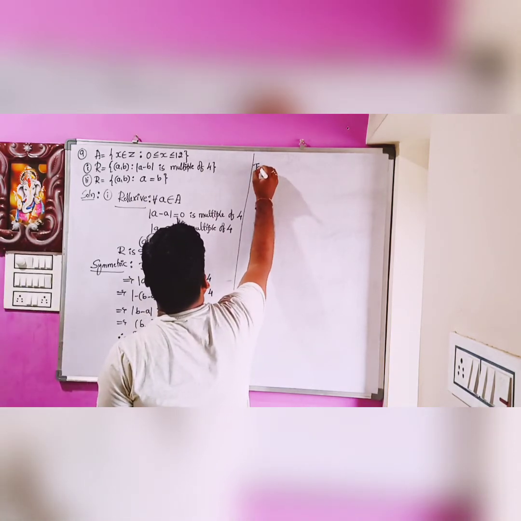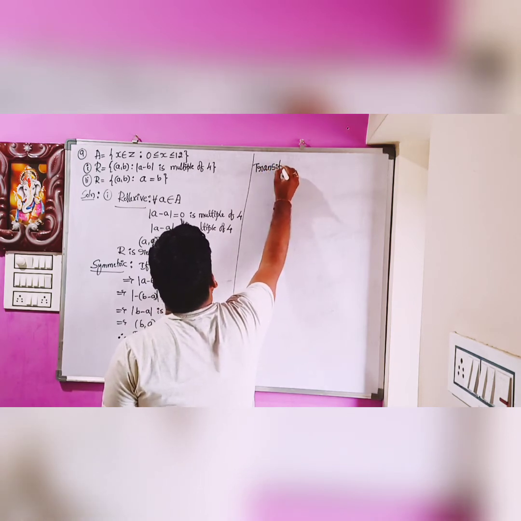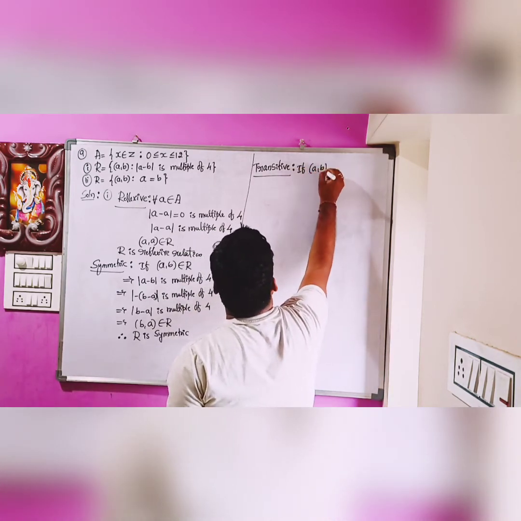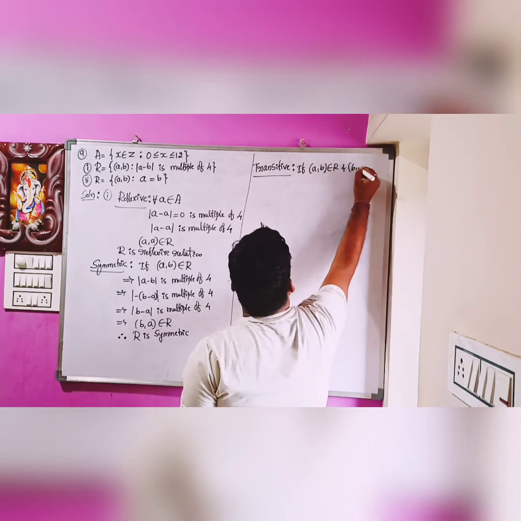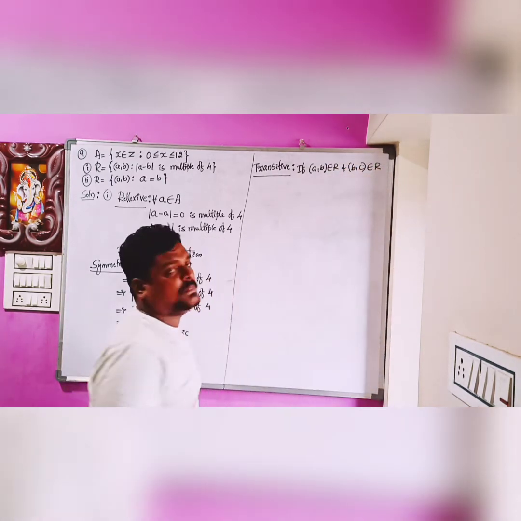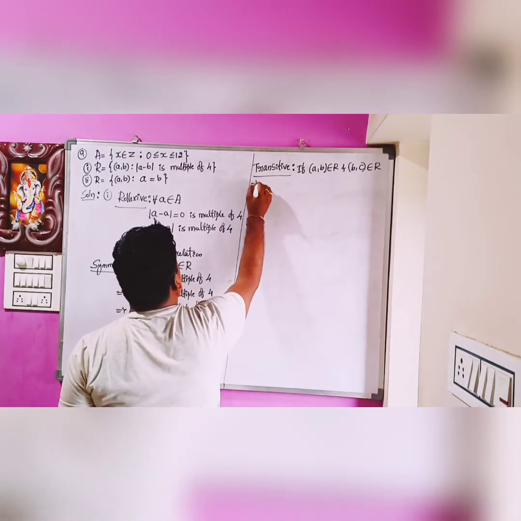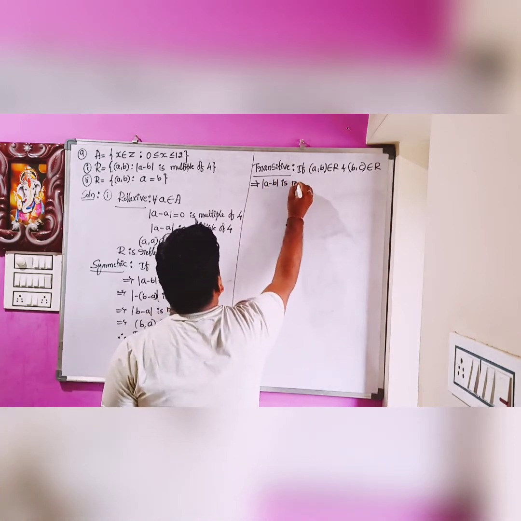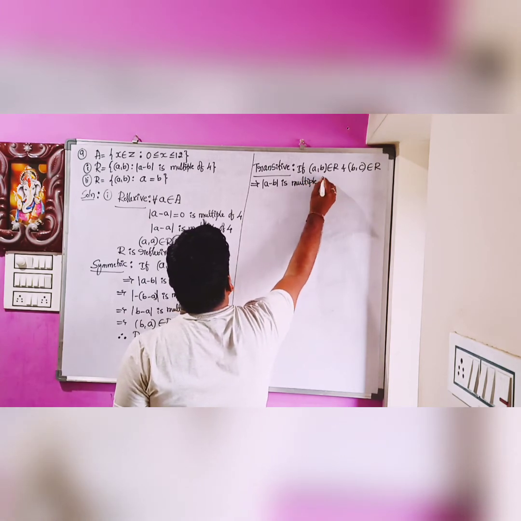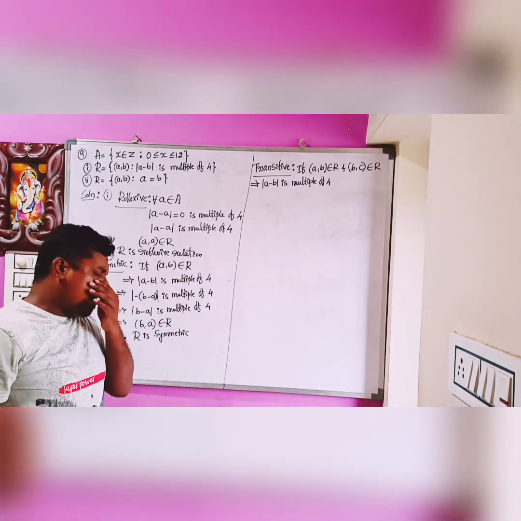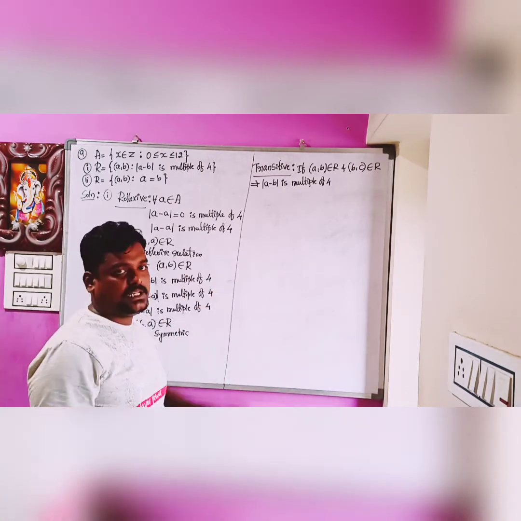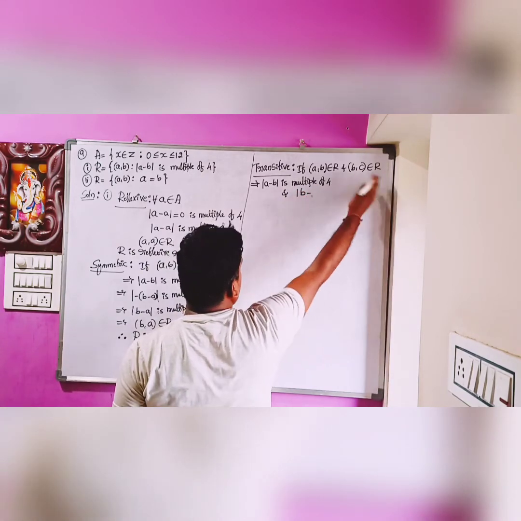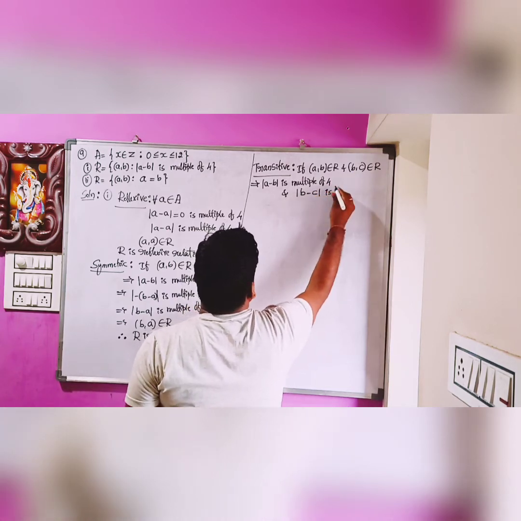Next, transitive. If (a, b) belongs to R and (b, c) belongs to R, implies mod(a minus b) is a multiple of 4 and mod(b minus c) is a multiple of 4.